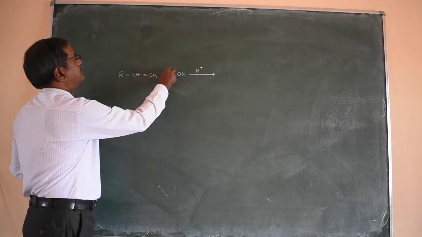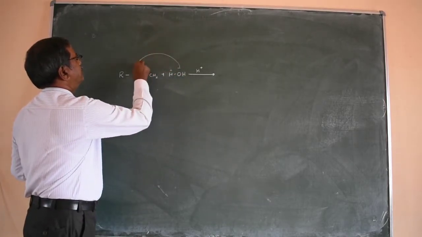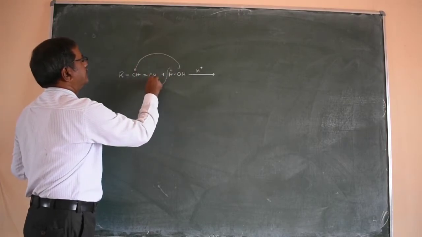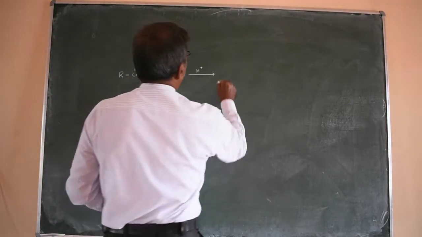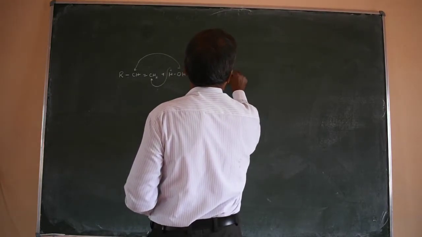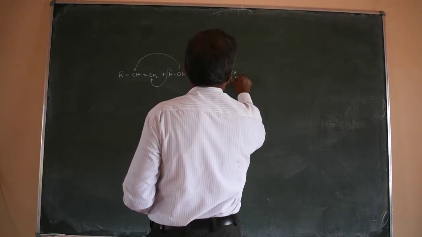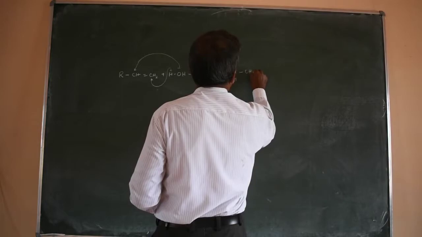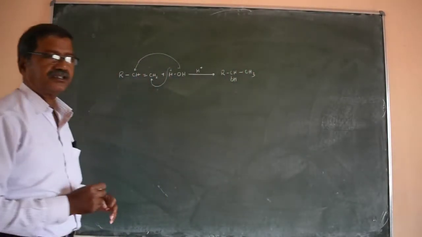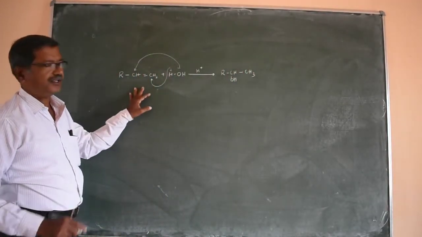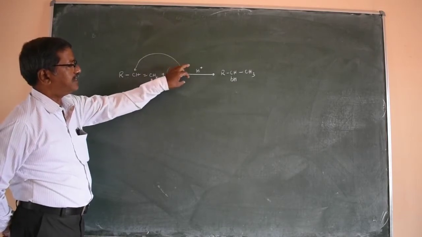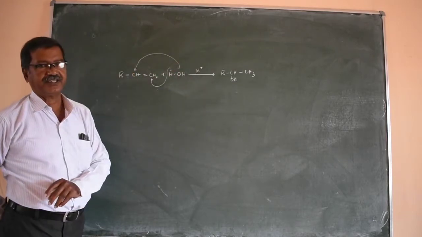Now H plus and OH minus, OH links to this one, and H plus to this. So we are getting secondary alcohol R, CHOH, CH3. This is from alkenes by hydration in presence of acid.